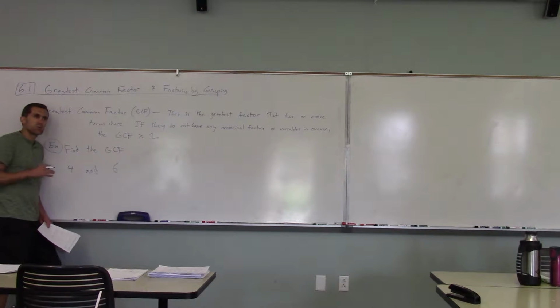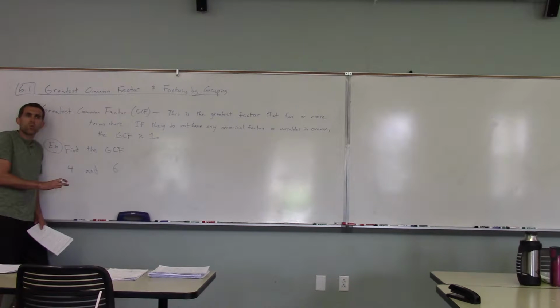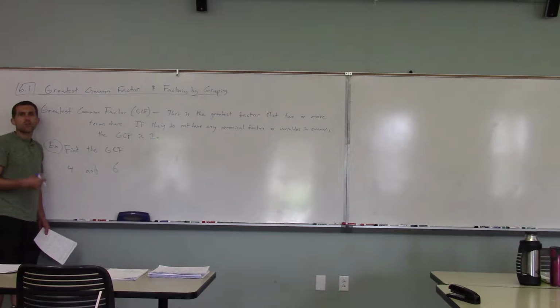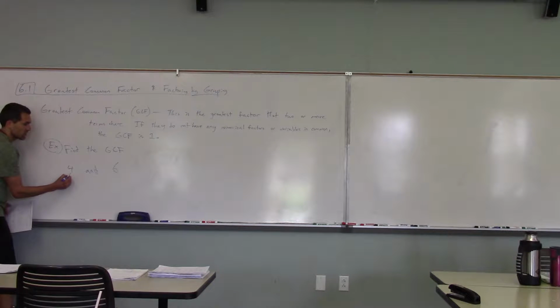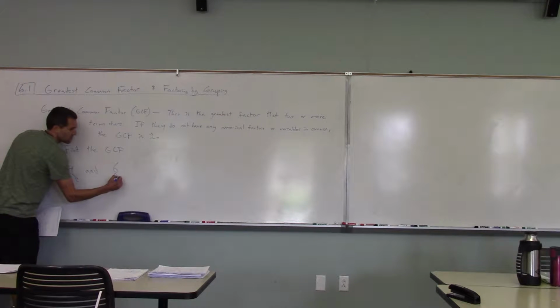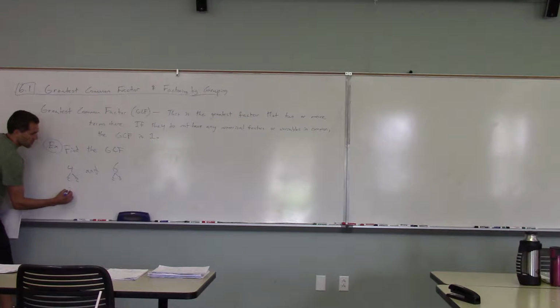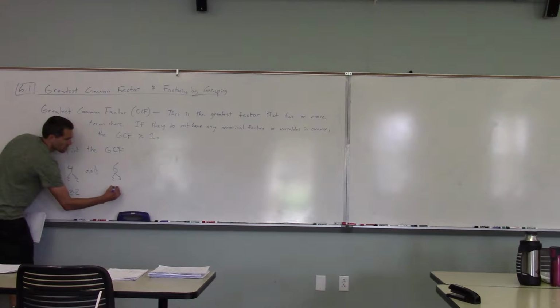I'm going to show you the rigorous method because we always need to learn that first so that we get the why, and then later it'll become second nature and you won't actually take these steps to write it out. But at first I would strongly encourage it. So we factor this into 2 times 2 and 2 times 3. So this one is 2 times 2 and this one is 2 times 3.